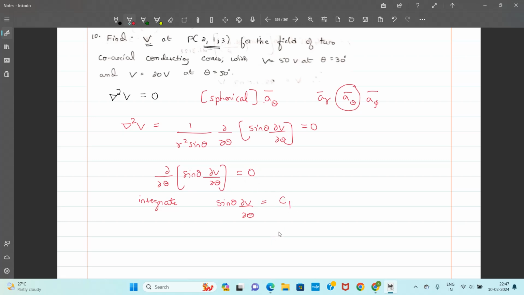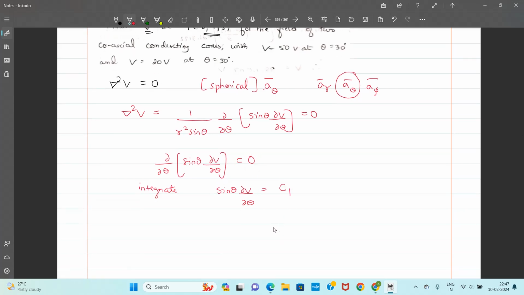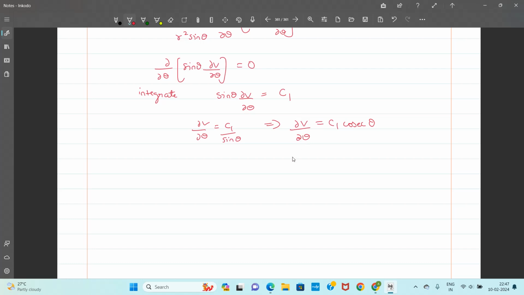I'll just get the constant of integration in this case. And next, this sine theta will be taken to the other side. So dou V by dou theta is equal to C1 by sine theta, which implies dou V by dou theta is equal to C1 into 1 by sine theta, which is cosecant theta. Now to remove this differentiation, again I have to integrate it.